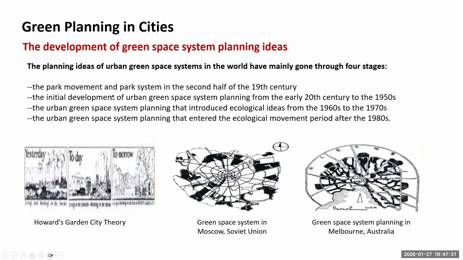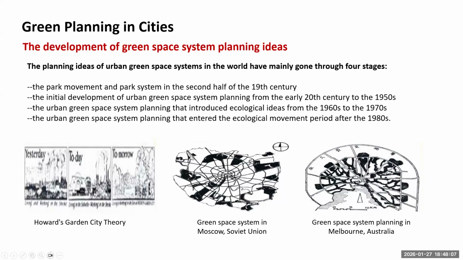Then the second stage is the initial development of urban green space system planning, from the early 20th century to the 1950s. And then we firstly introduced ecological ideas into green space systems from the 1960s to 1970s, after the first urbanization and industrialization.